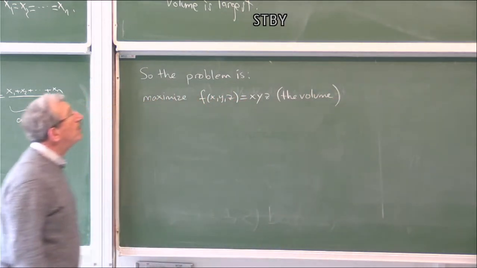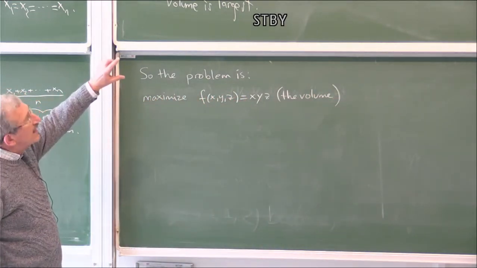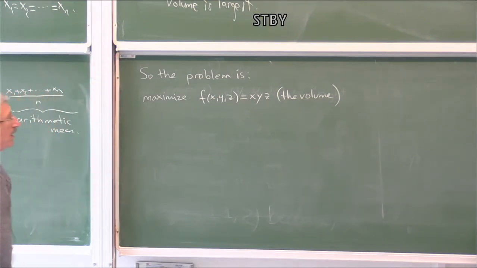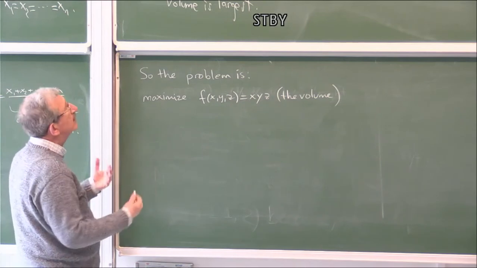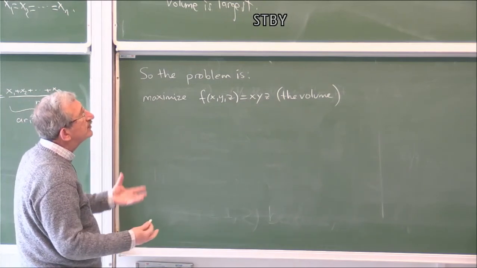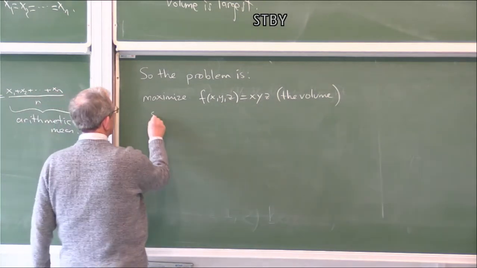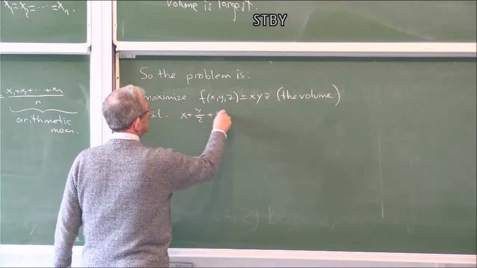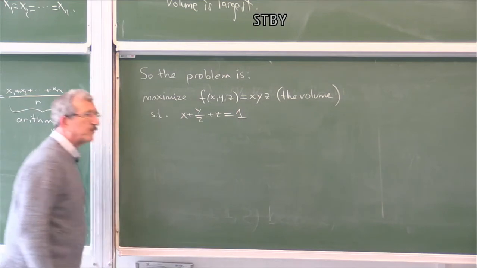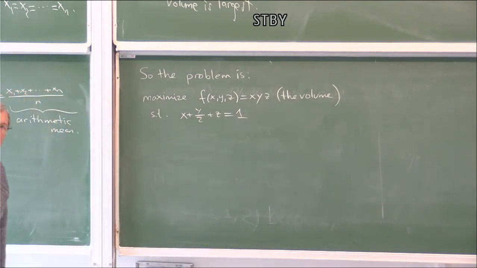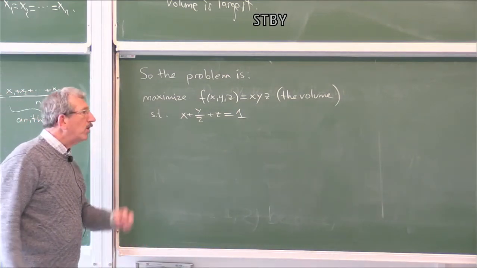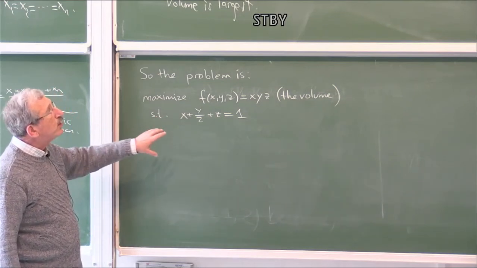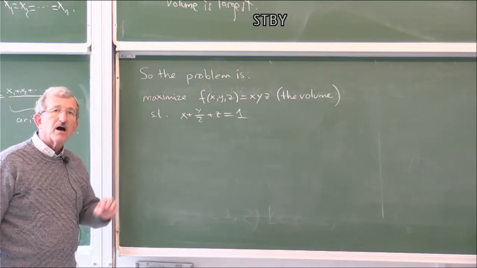Obviously, the volume of the box is xyz because the sides are directly x, y, and z. And what is the restriction? The restriction is that x plus y over 2 plus z is 1. Well, this is not enough, as we did before. Here we don't have just this. We also have that x, y, z are non-negative.